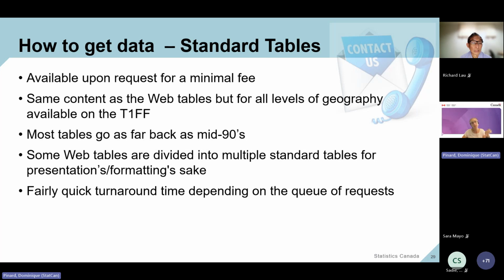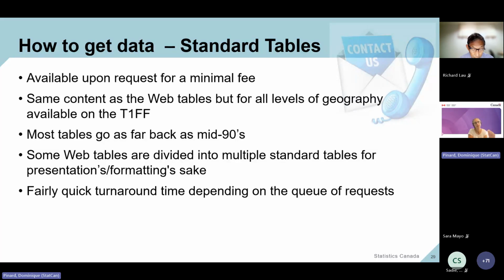If you are interested in having either lower geography or a longer time period than what's available on the internet, most standard tables on the web are also available in standard tables for various levels of geography that I presented earlier.